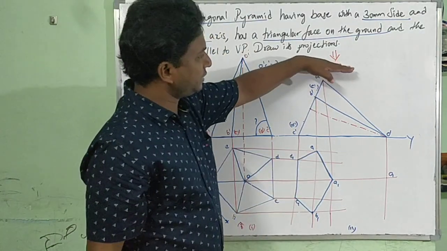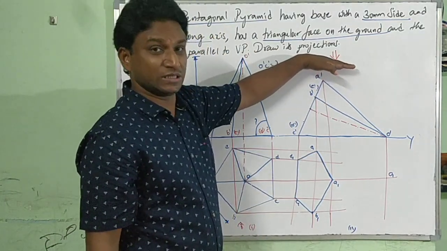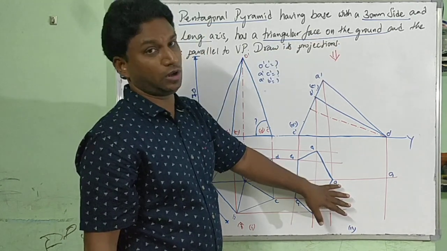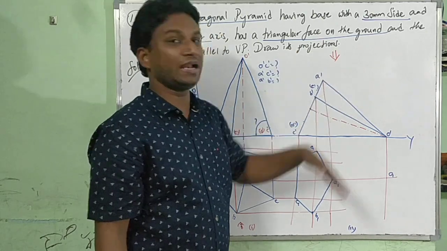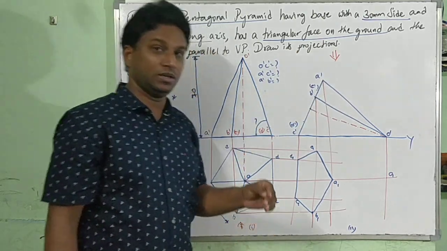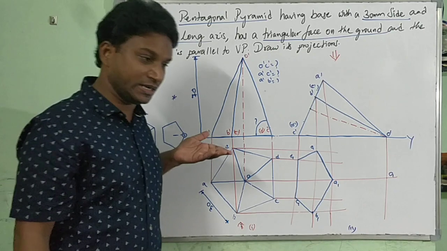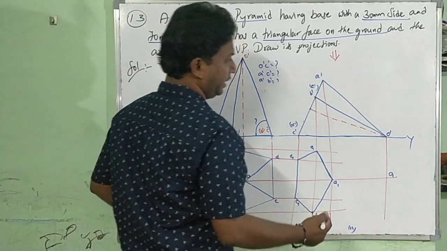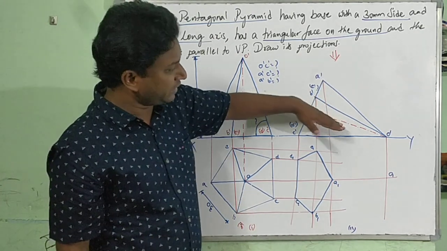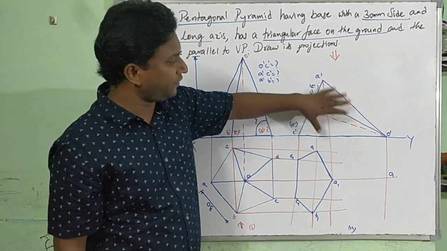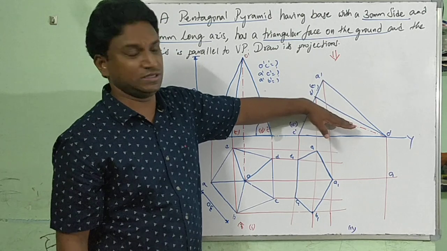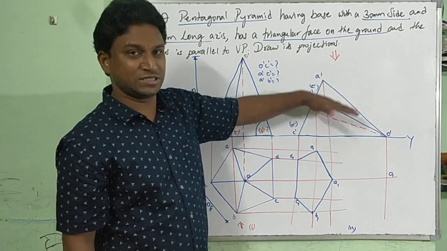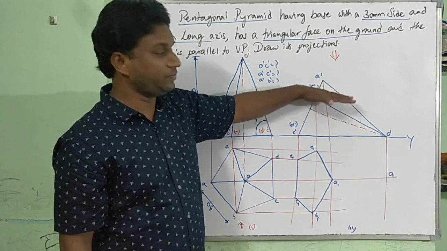Now, with respect to the second stage top view, when we are looking from the top, what are the slant edges which are thick, clearly visible, and what are the slant edges which are hidden? That you have to identify. With respect to the half part of the front view here, the axis line, what are the lines which are clearly visible above?